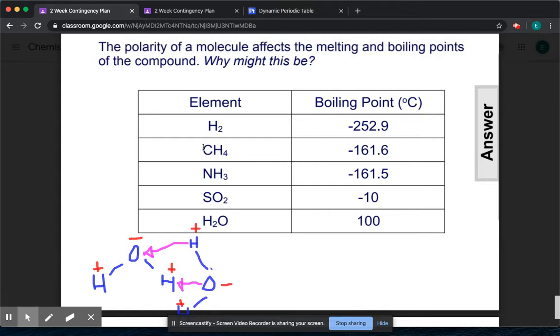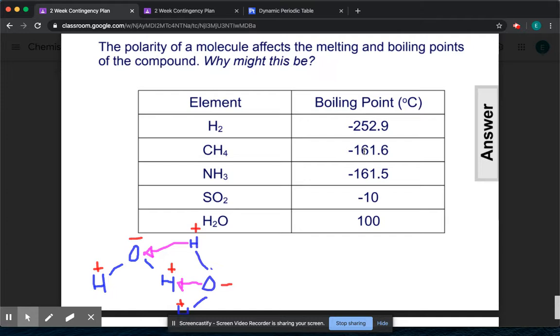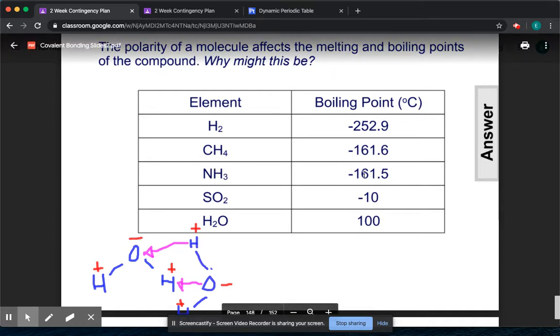CH4 is also non-polar if you look at the differences in electronegativity, and that is also why it has a very low boiling point. It has a bigger boiling point than H2 only because it has a carbon in it and it has more molecules, so it's bigger. NH3 is polar, but barely. Because it's barely polar, it also has a very low boiling point.